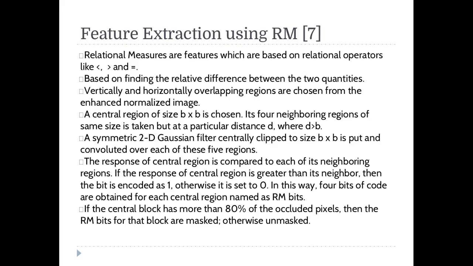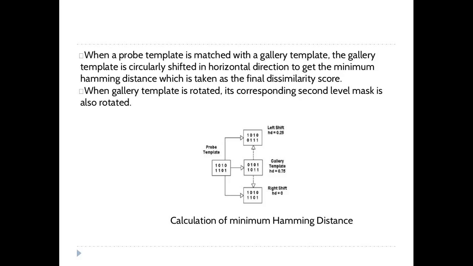Once you get this feature vector for every block, we again concatenate them, which gives you a feature vector, and then we apply the Hamming distance. Before finding the Hamming distance between the two feature vectors, we take the first one and the second one with which we want to find the distance.